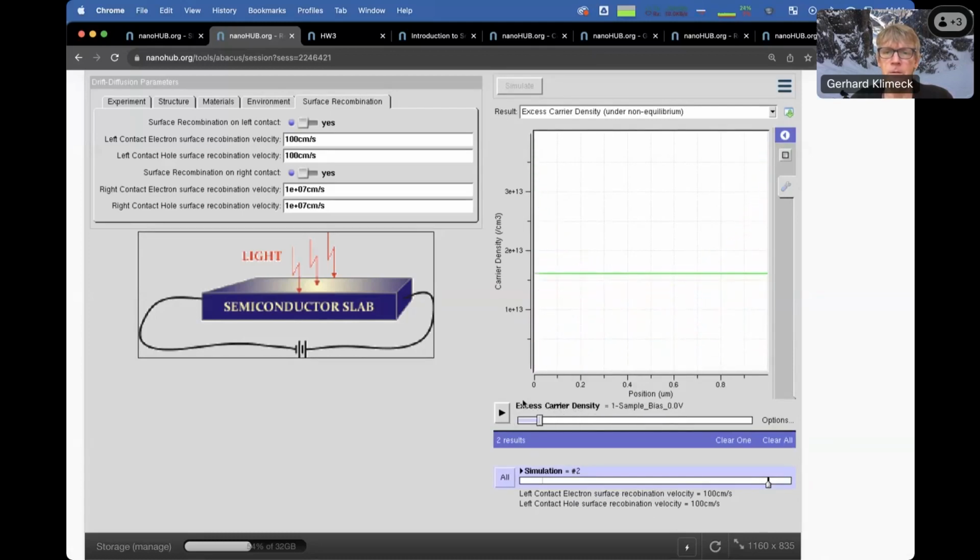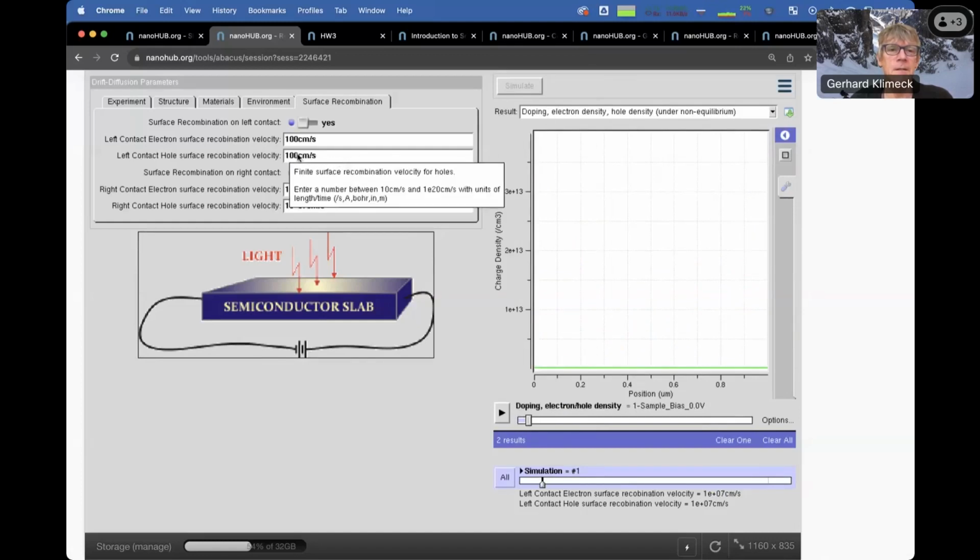Interesting. So everybody makes it to the left. Is that holes and electrons? Okay. Excess. So basically, when there is very little recombination on the surface, you really have carriers throughout the whole device. That's interesting. But that's the boundary conditions that we had.